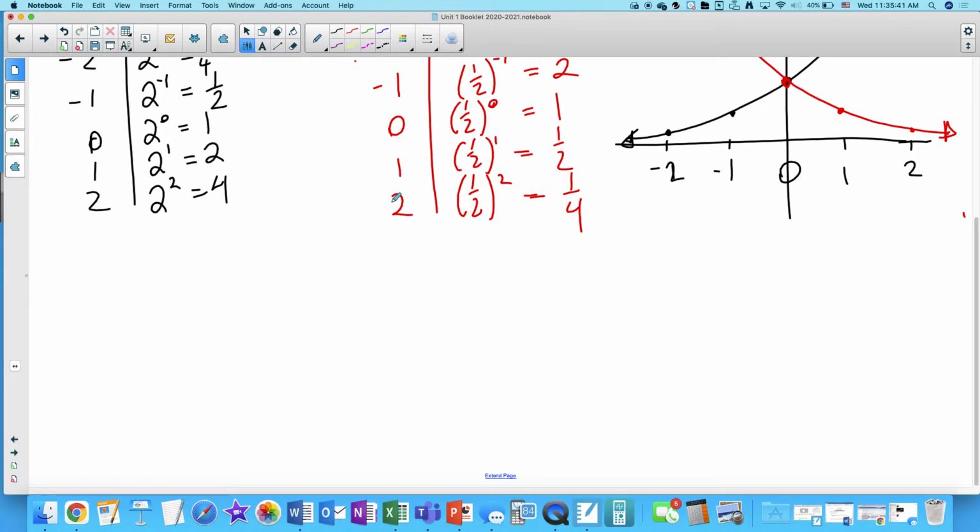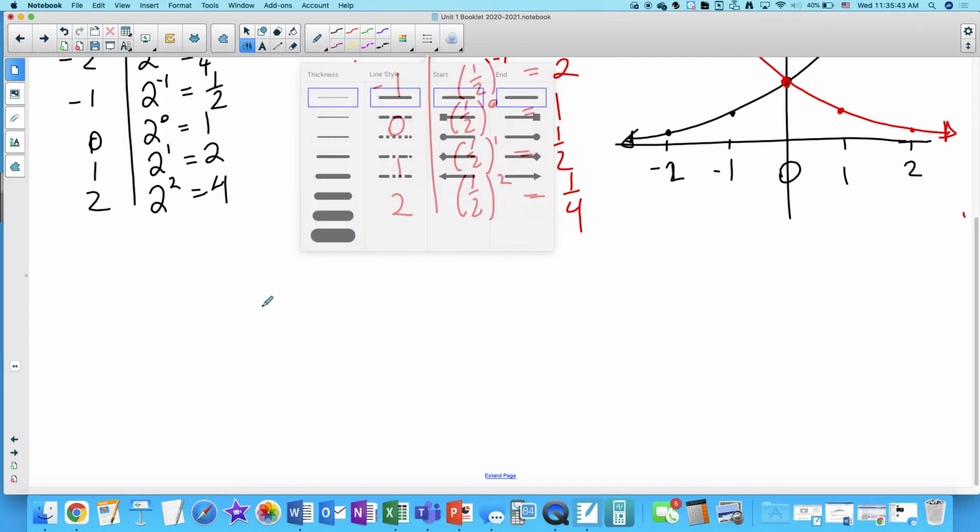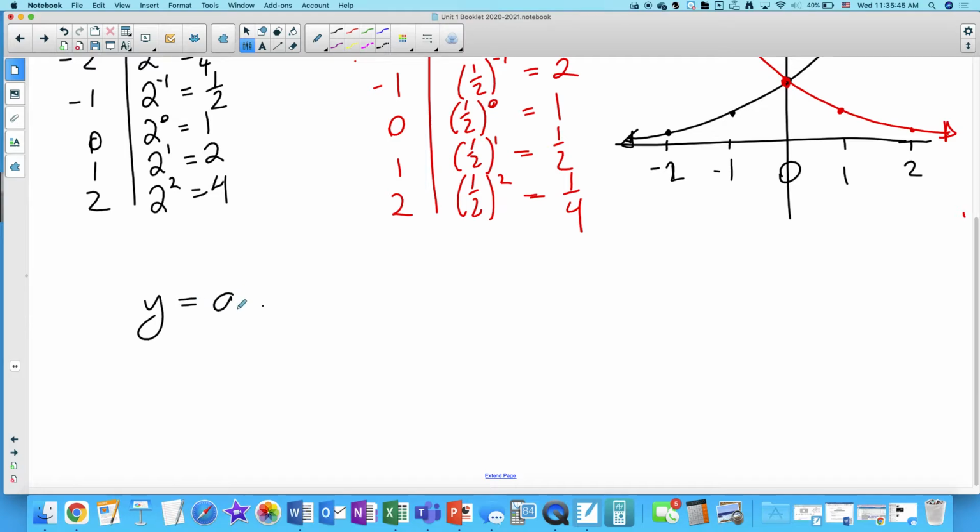If we just have y equals a times b to the x, we looked at these base values. If the base is greater than 1, then we got this picture.